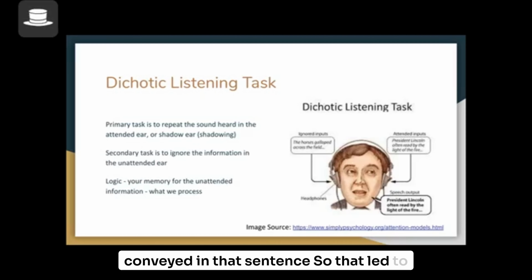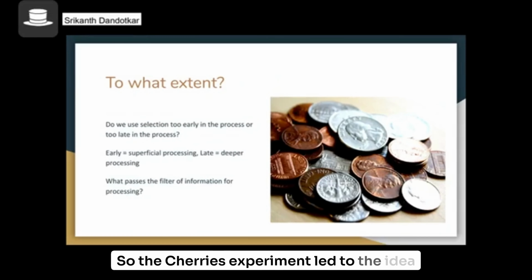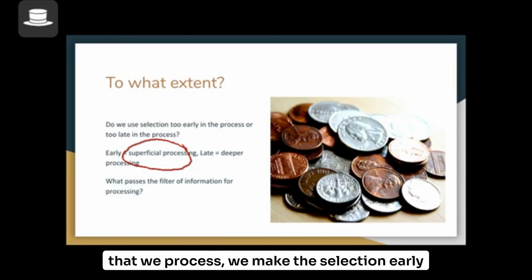So that led to these early selection theories. The idea was that you only process the physical features, like the amplitude, the pitch, whether it's male or female, whether it's English. Things like those were identified, which are related to the physical features. So Cherry's experiment led to the idea that we make the selection early on by superficially processing information.